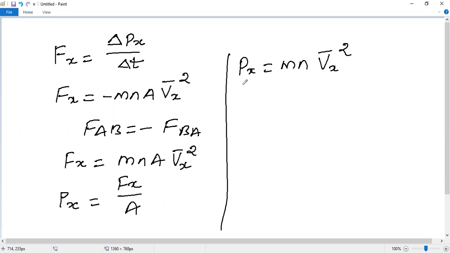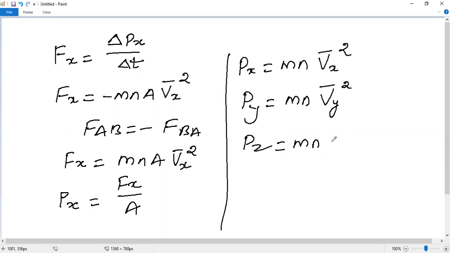Similarly for the three components. Now we calculated only for the x component. For the y component, Py equals m n v bar y square, and for the z component, m n v z bar square.